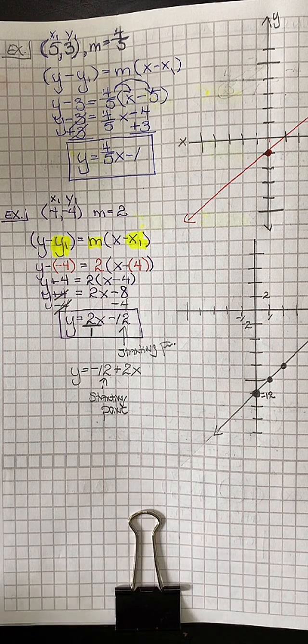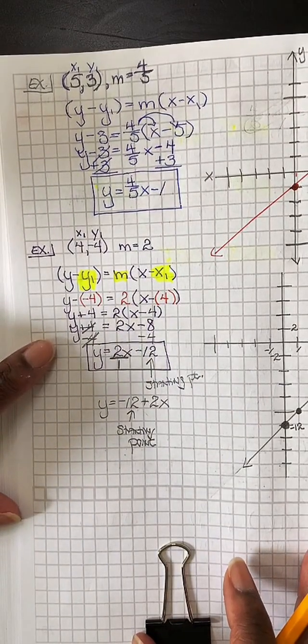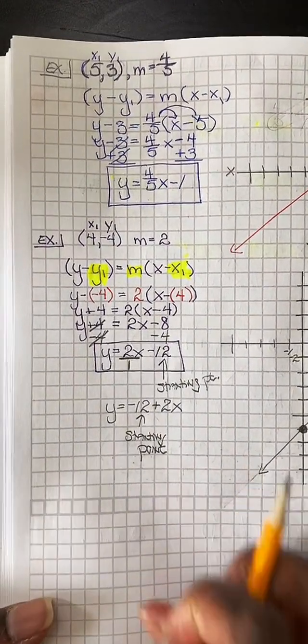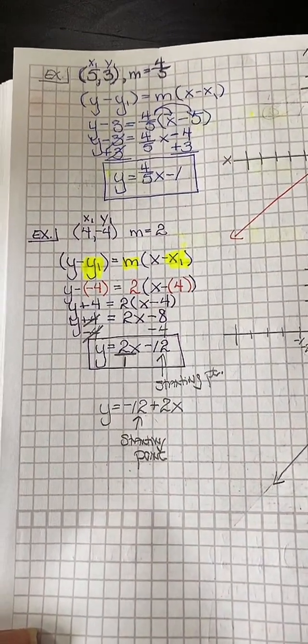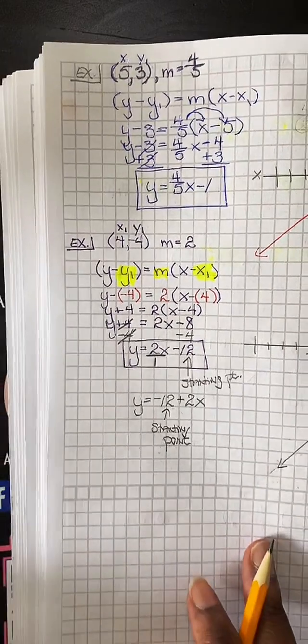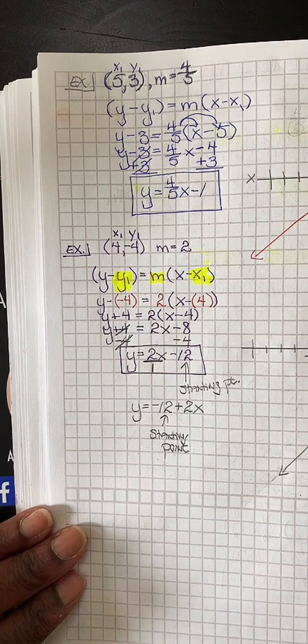Let's do another one. And this time, I'm going to leave you alone, and I'm going to leave the previous example as a reference, and I want you to find the equation of the line. Now, just so we can get everybody a chance to do the process, I'm going to give you guys a good 2 minutes.